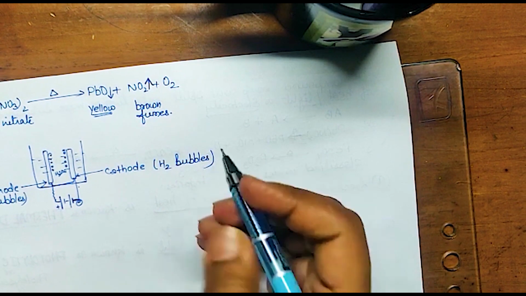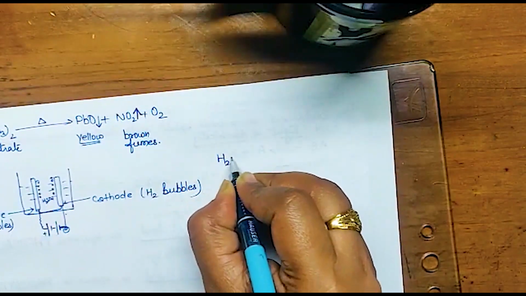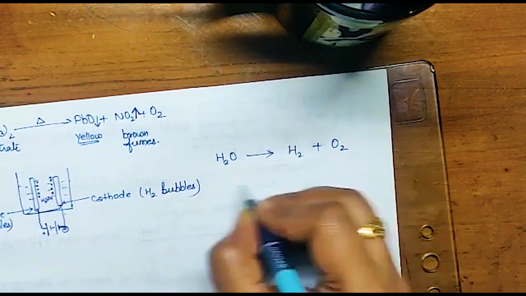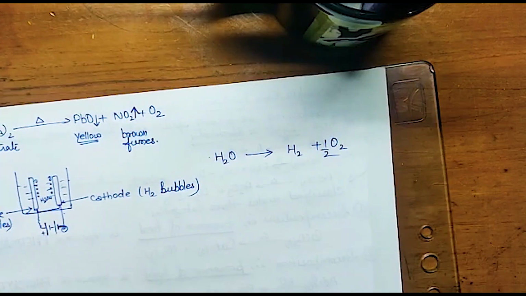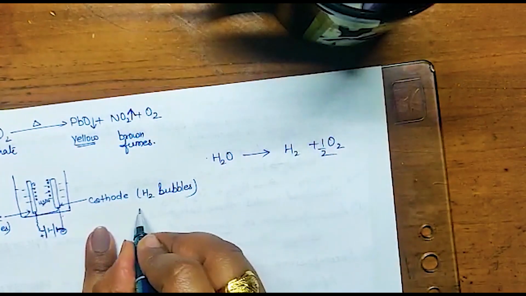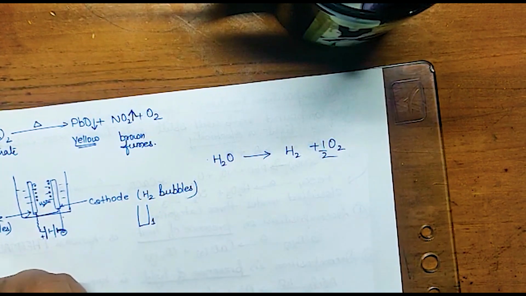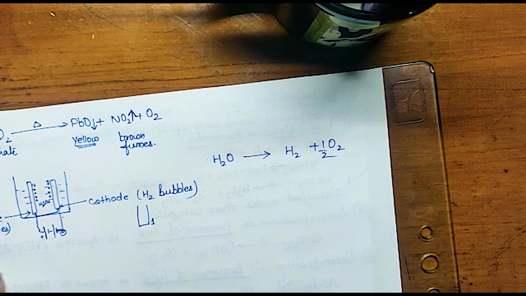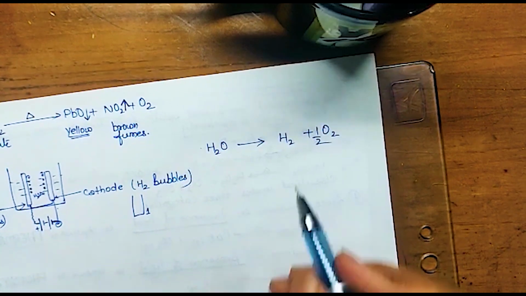Got it? A question is asked in this: will the volume of the 2 gases be the same? If hydrogen is in test tube 1 and oxygen gas, from the anode, is in test tube 2, tell me whose volume will be more.